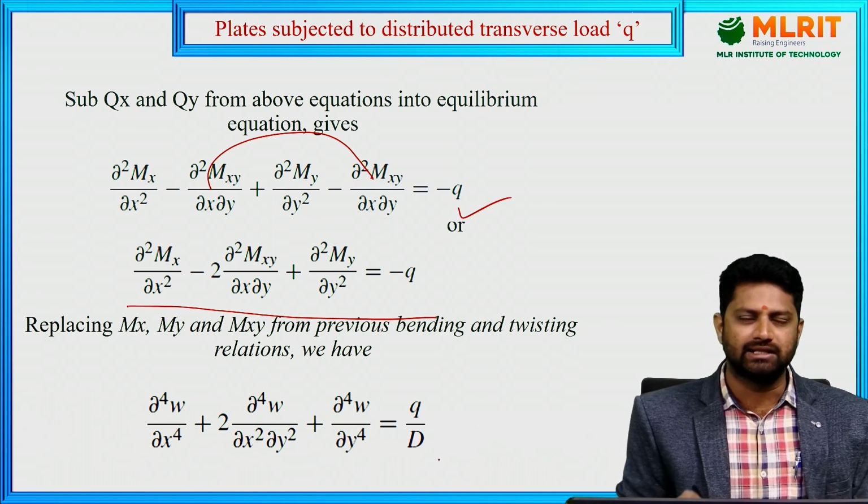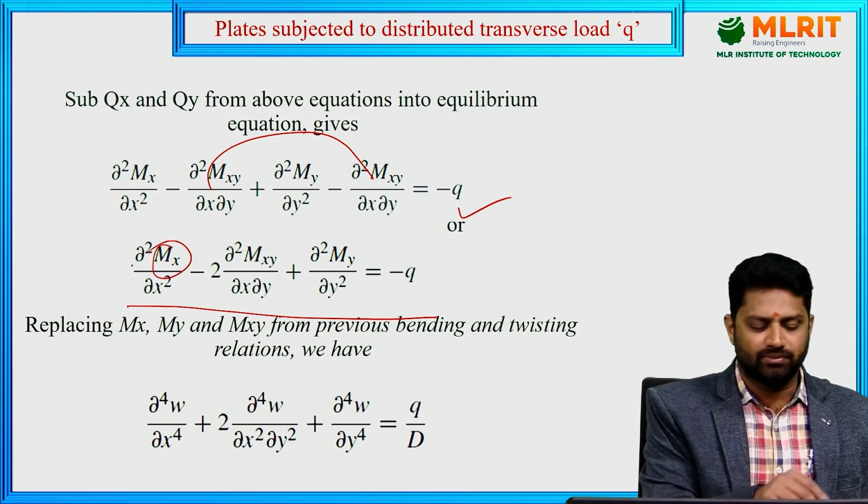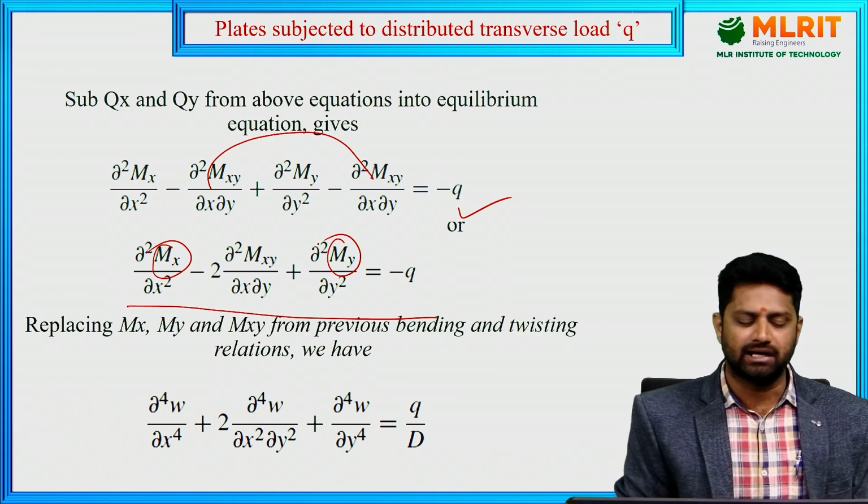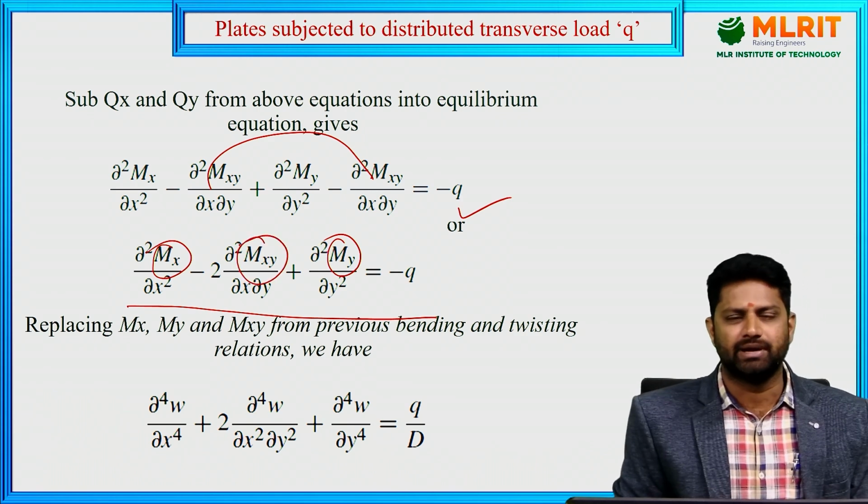In the starting of this session, we have already seen the equations for mx and my from the bending case, and the equation for mxy from the bending and twisting case.